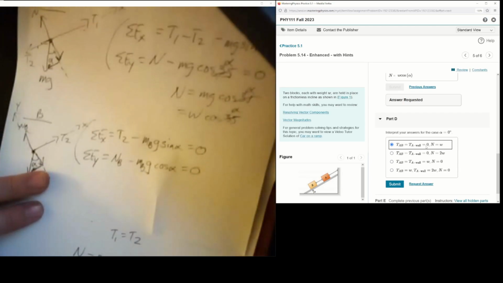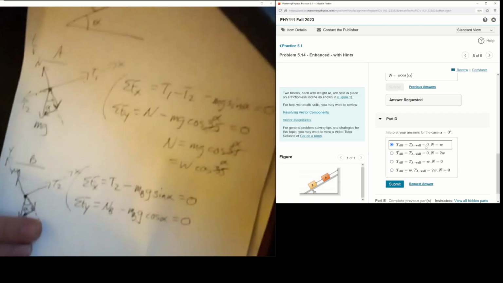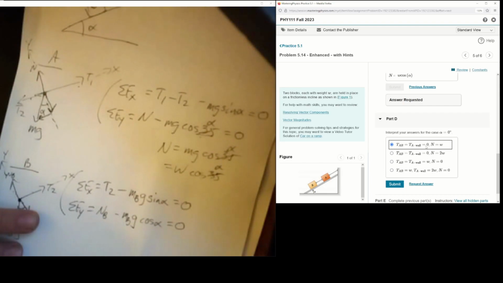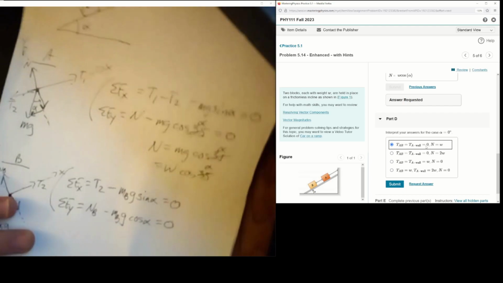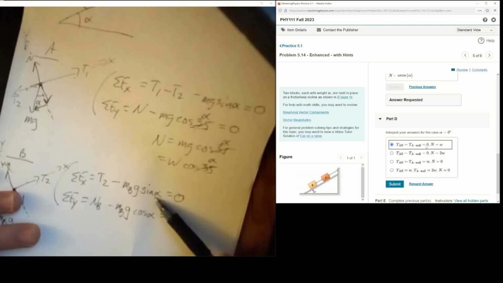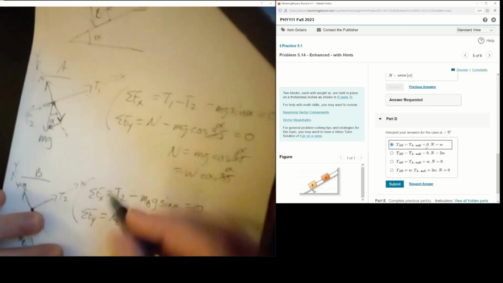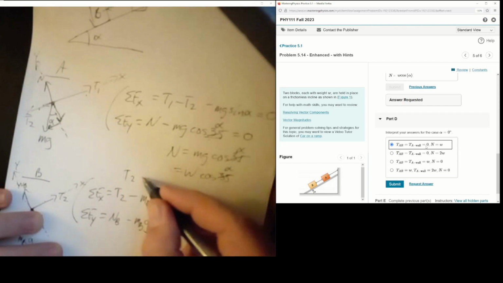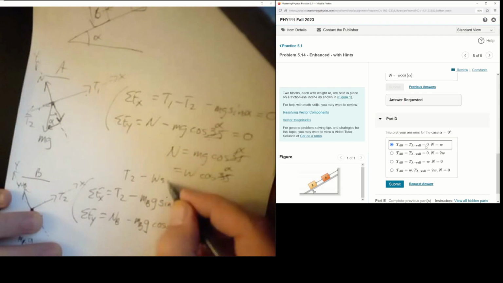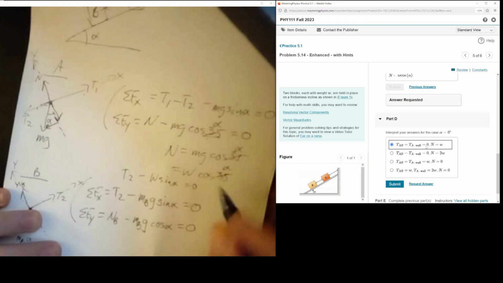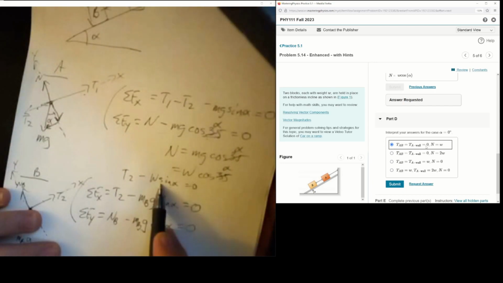I didn't state that anywhere. I'm just recognizing that would come from this equation here. Just looking at this one, it says T2 minus weight sine alpha equals 0. As alpha goes to 0, sine 0 is 0.